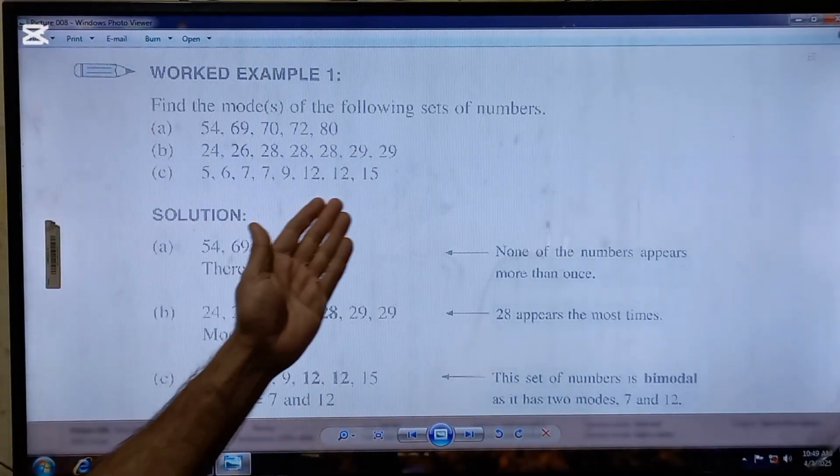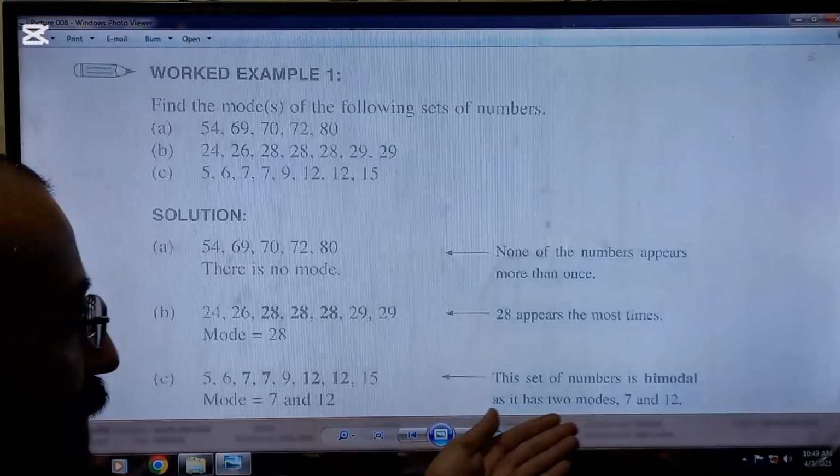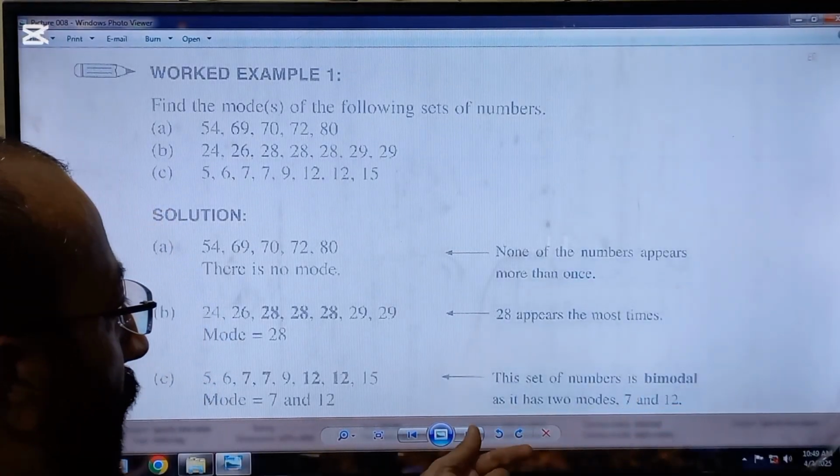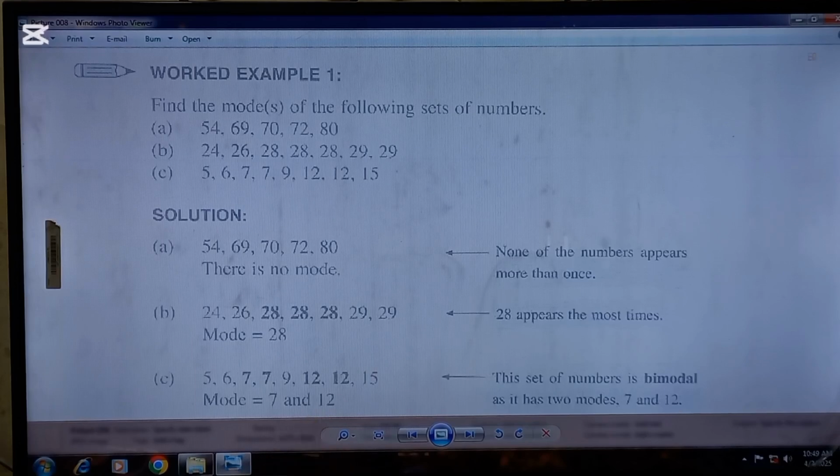If you look at the C part, number 7 and number 12 are coming 2 times each. 5, 6, 9 and 15 are coming 1 time. So 7 and 12 are coming 2 times, which is more than the others. This set of numbers is bimodal as it has 2 modes, 7 and 12. So mode is 7 and 12.